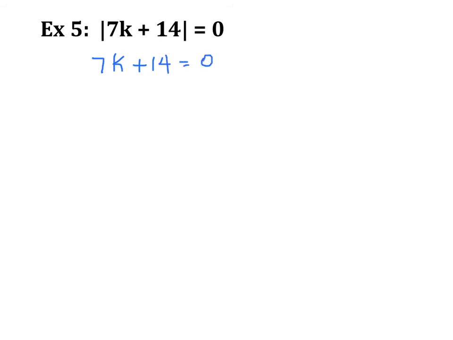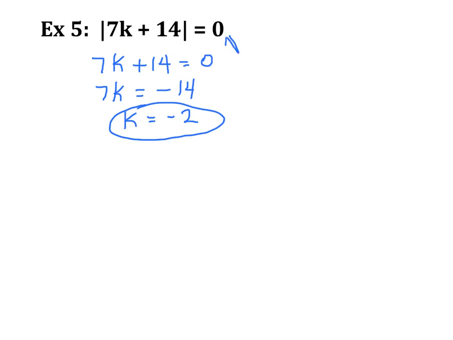All of our other examples we have had 2 answers. If it's going to be equal to 0, you're only going to have 1 answer. So we are going to solve for our variable and k is equal to -2, and it's only equal to -2. There will be no other value that would make our absolute value equal to 0. So look for these. Only one solution here.